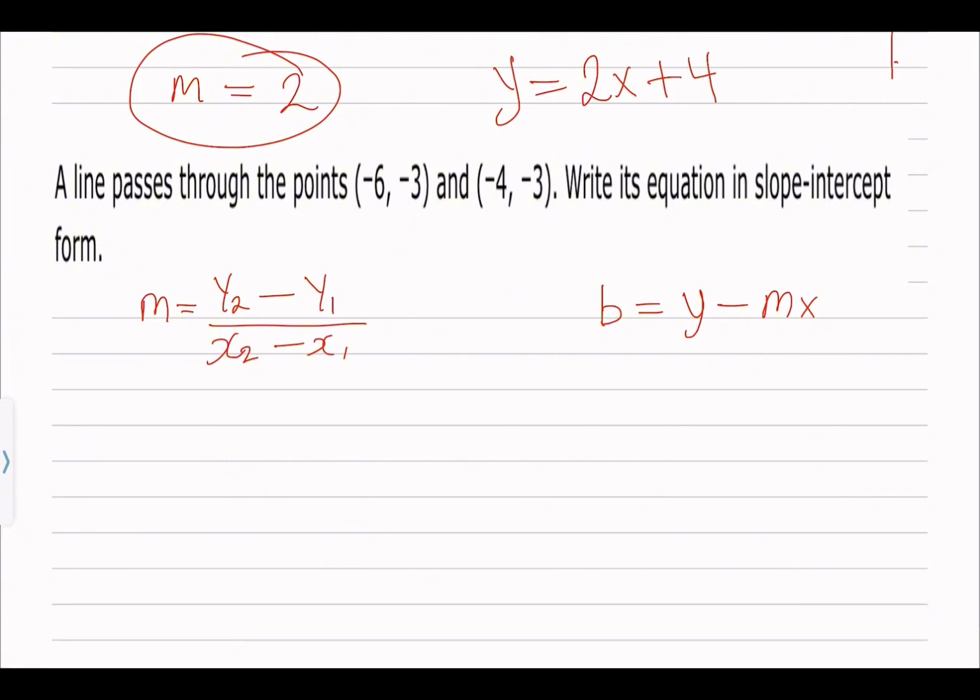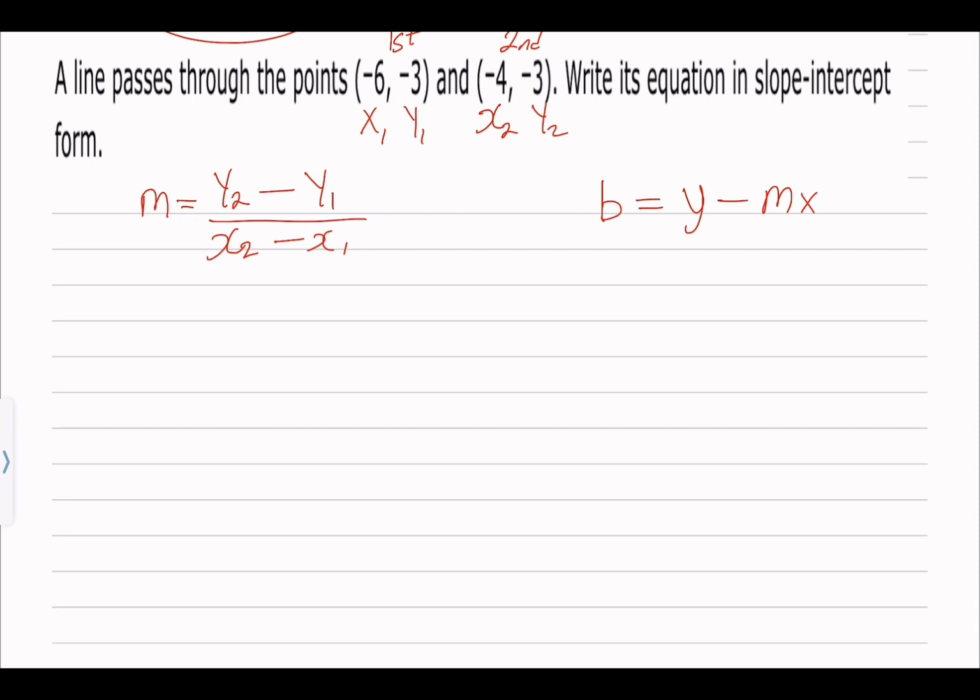Let's label it. First and second, right? X1, negative 6, y1, x2, y2.